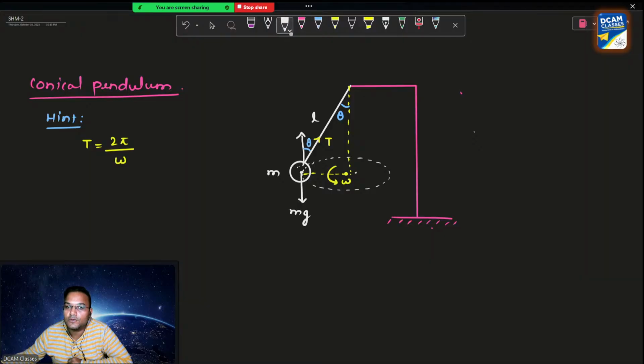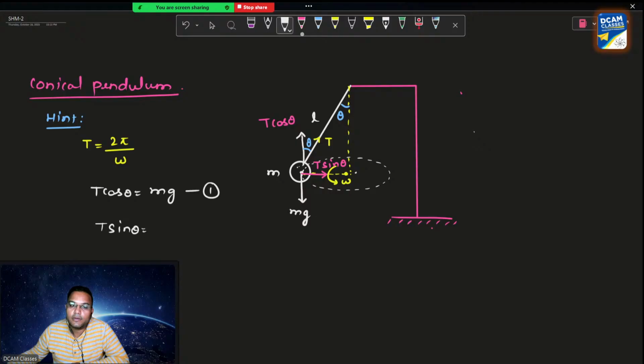So this force will be T cos theta and this force will be T sin theta. Now, since it is in vertical equilibrium, it's not falling down, I can write the equation T cos theta equals mg, equation one. Also, since T sin theta is responsible for the circular motion, T sin theta will be equal to m r omega square.